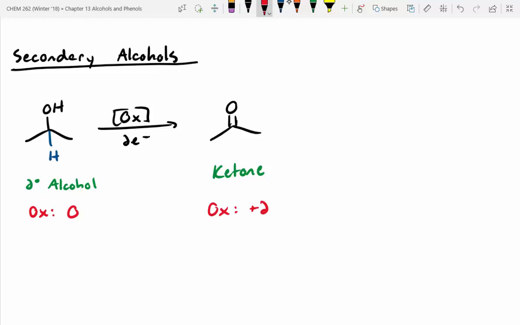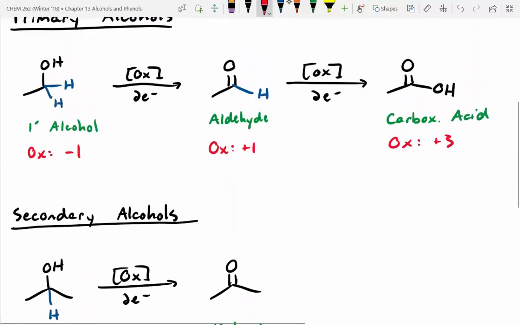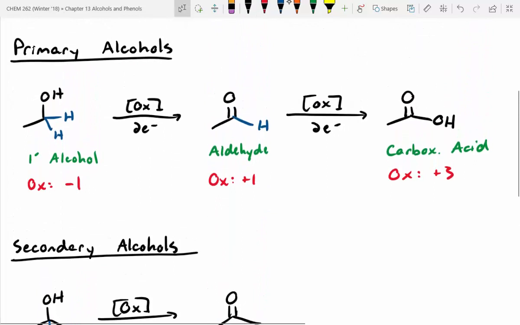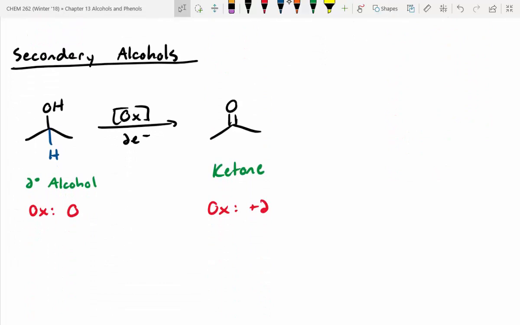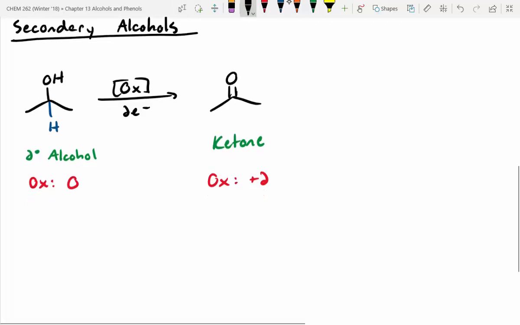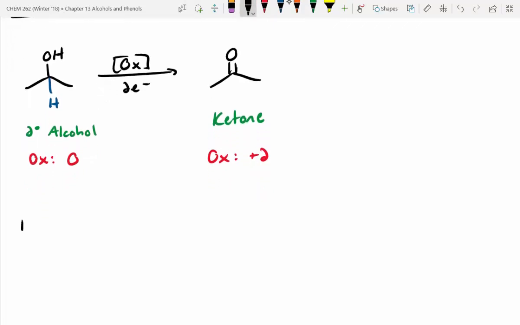Do you think we can oxidize this anymore? Let's go and look up here, right? We said in each of these oxidation steps we lost a blue hydrogen. If you go down here, we're already out of blue hydrogens. So we're done at this point. We can't go any further and oxidize this anymore. It's exhausted.